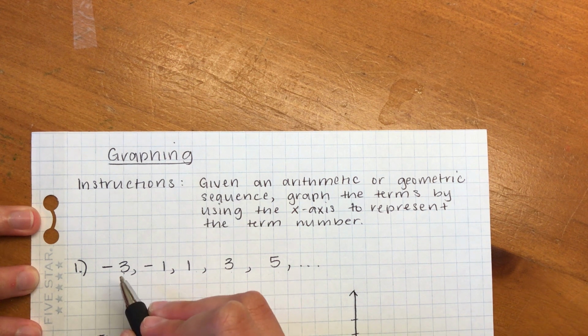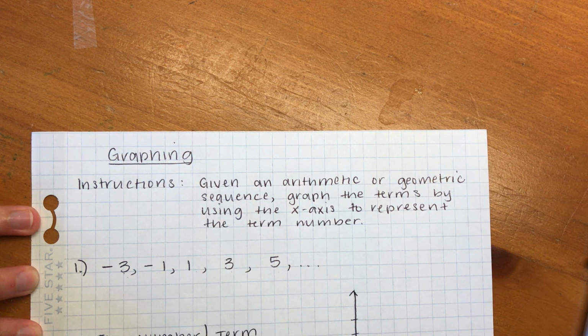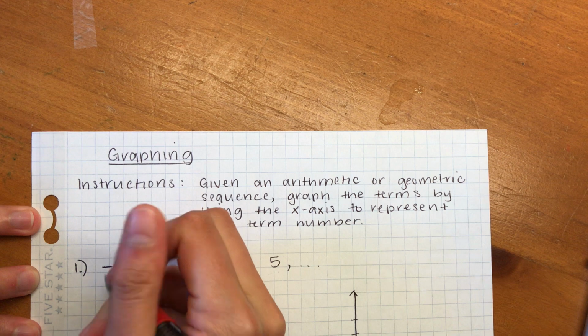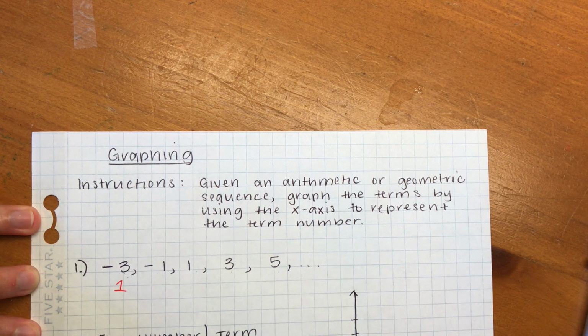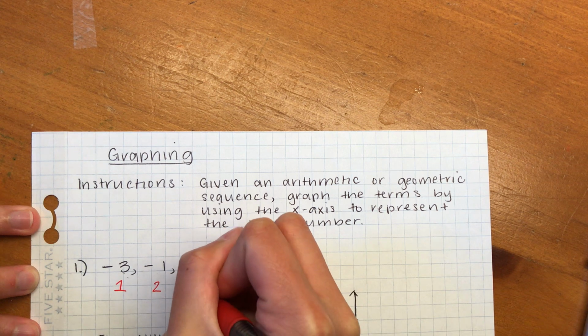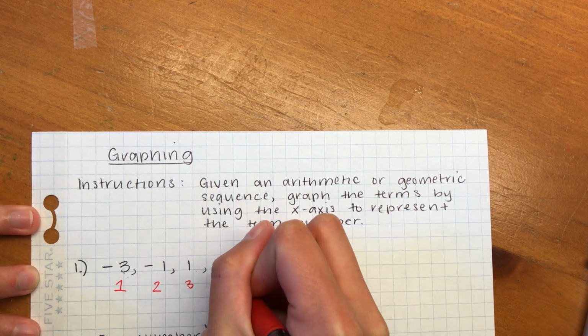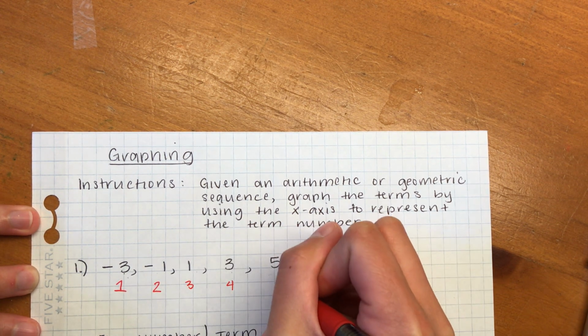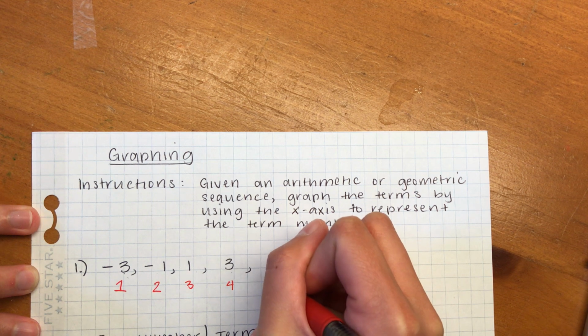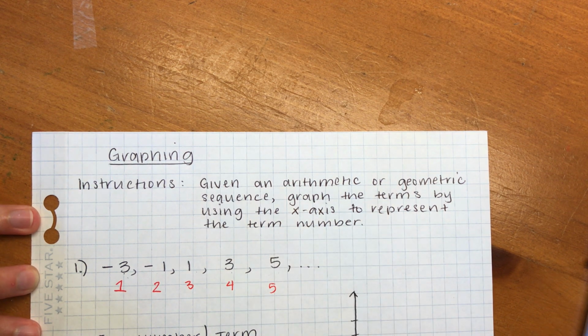My first term is negative 3. So I'm going to write that my first term is negative 3. My second term is negative 1. My third term is 1. My fourth term is 3. And my fifth term just happens to be 5. That worked out pretty well, huh?